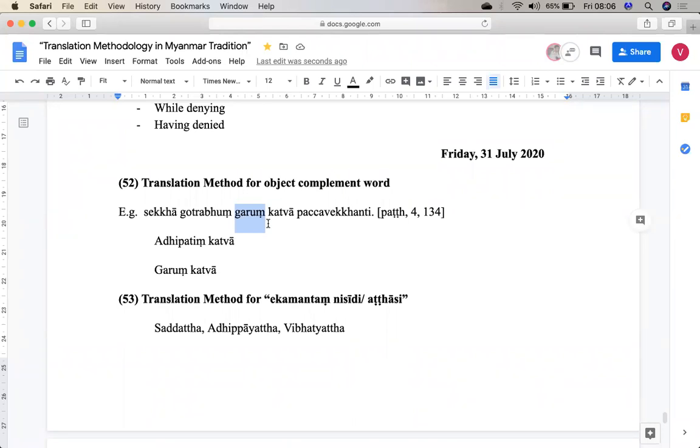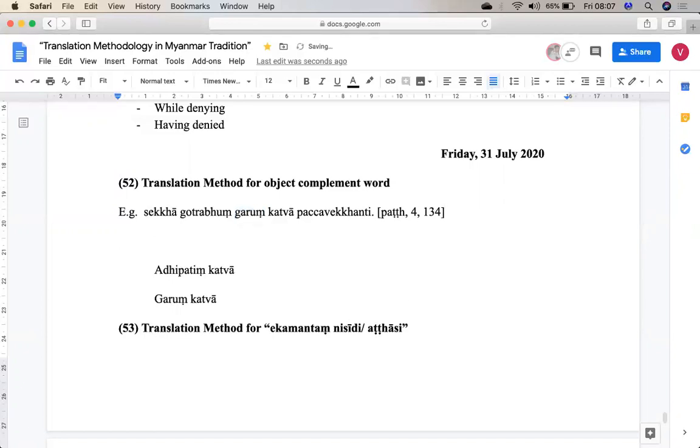We can find it, like the subject complement, but the verb is not hidden. So garuṃ. The training persons reflect on the Kodara bone. So garuṃ katvā, making serious. Garuṃ katvā, making serious. Actually, it is not a special one.